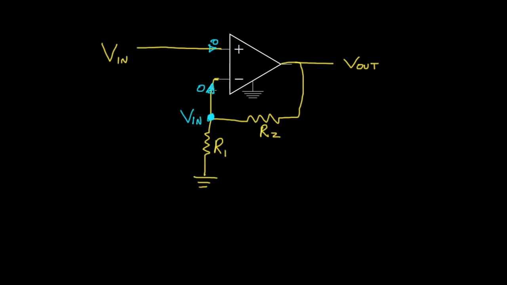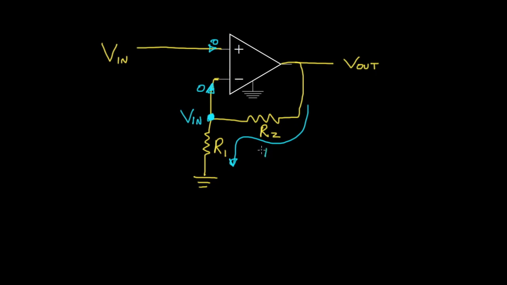Now no current flows through this region, so any current flowing to ground, for instance, is going to flow through this resistor in this way. None of this current can flow here because no current flows into the op amp.